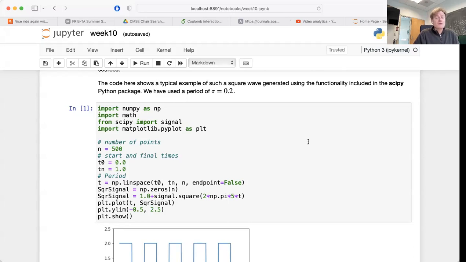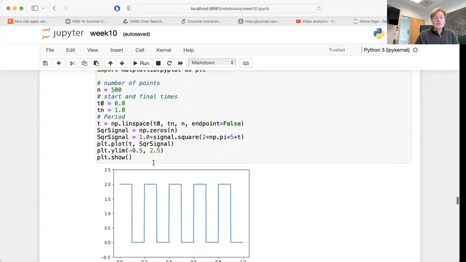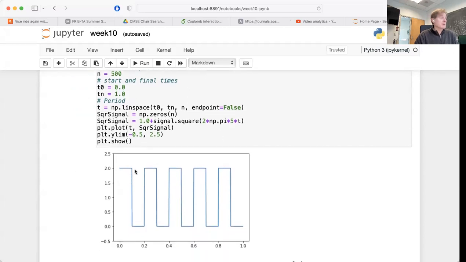And it has a period of tau equal to 0.2. In this specific case, we're using 500 points. If we use fewer points, the curve is going to look less like a square wave. So I need roughly 500 points to get this nice representation of a square wave here.